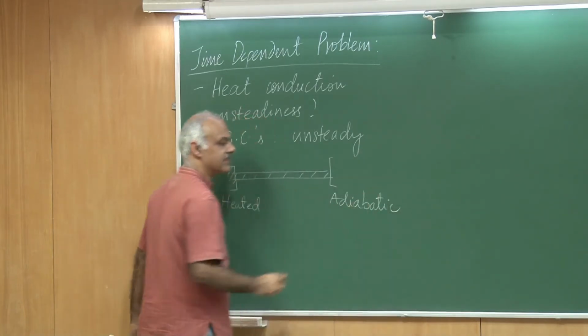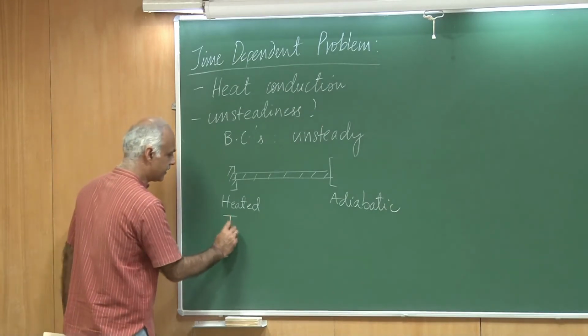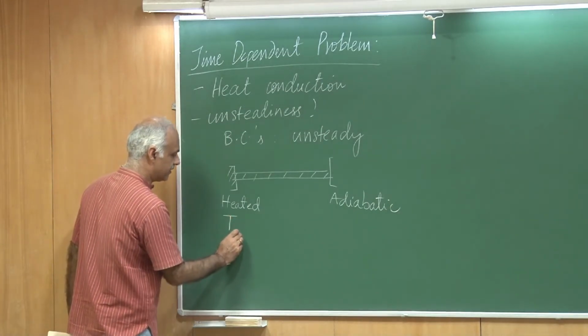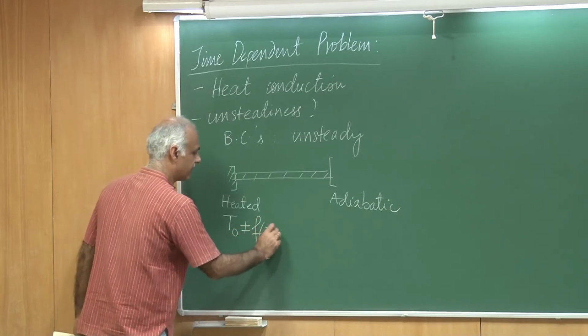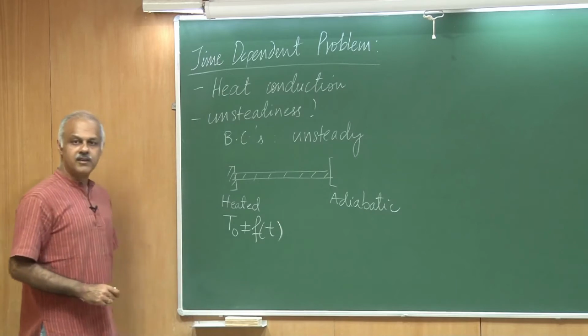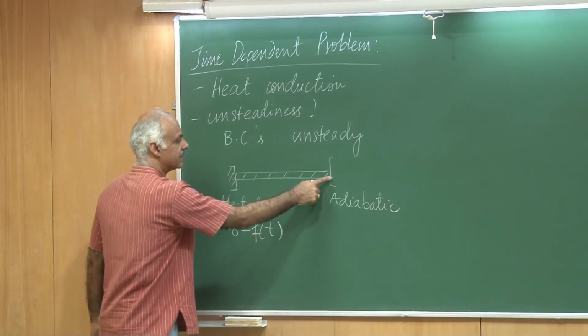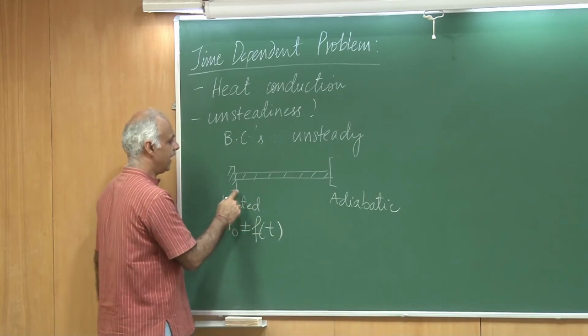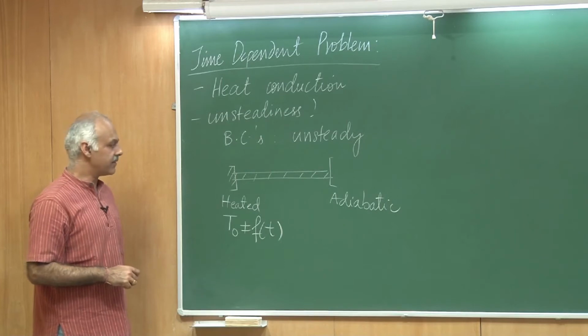So the heat flux is 0. I could take an example. And here the temperature at the boundary, which I can call T0, is actually a function of time. So I could have a situation where this temperature is changing with time. This is 0 heat flux condition, and therefore this would be an example of an unsteady phenomena.